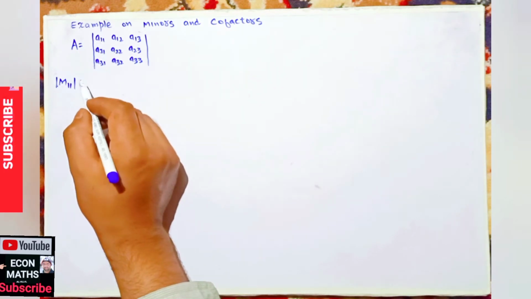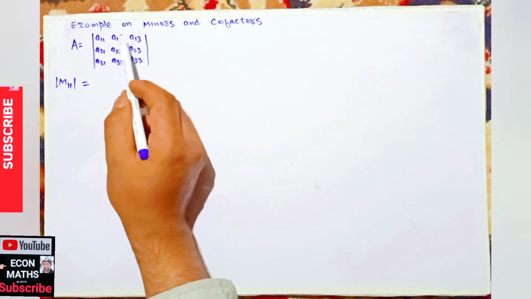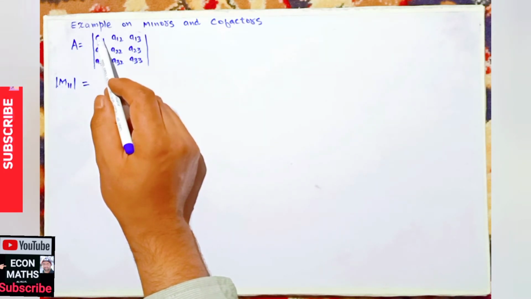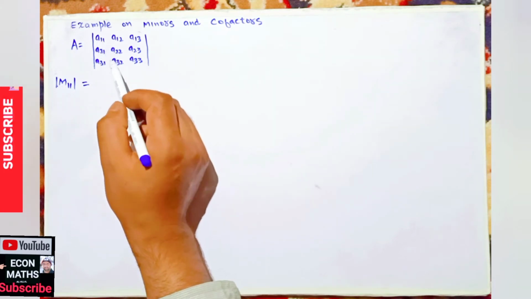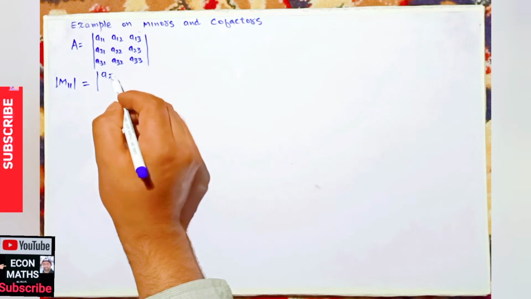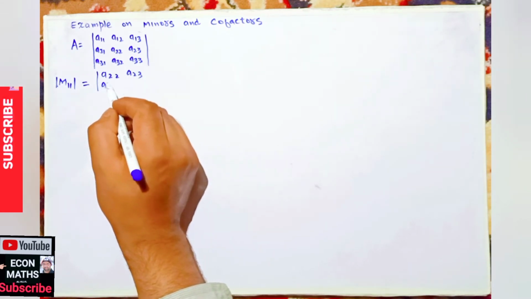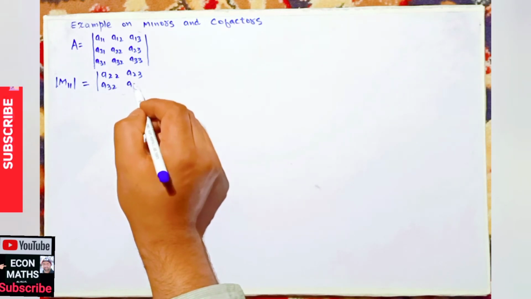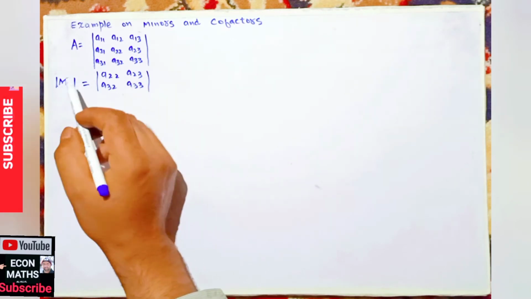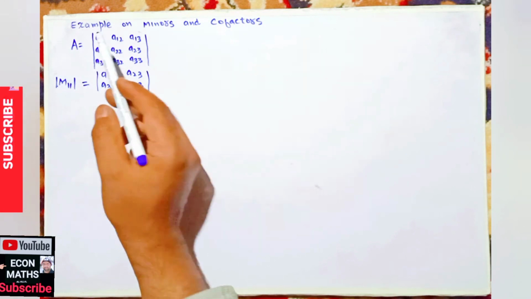This is given by mentally deleting the row and the column in which the first element, A11, appears and taking the determinant of the remaining elements, that is A22, A23, A32 and A33.